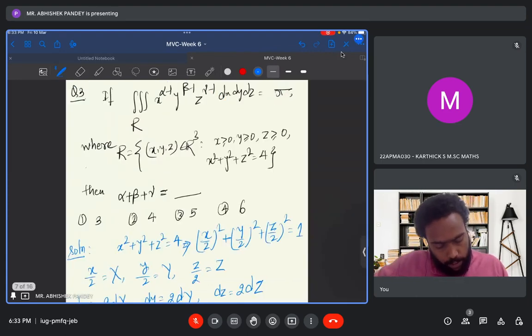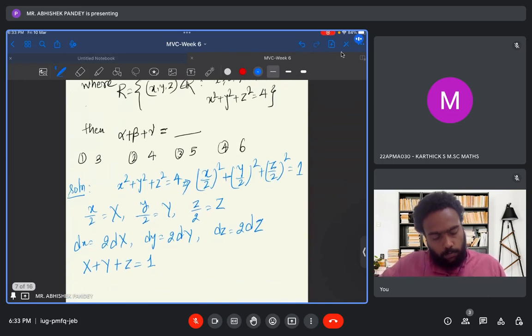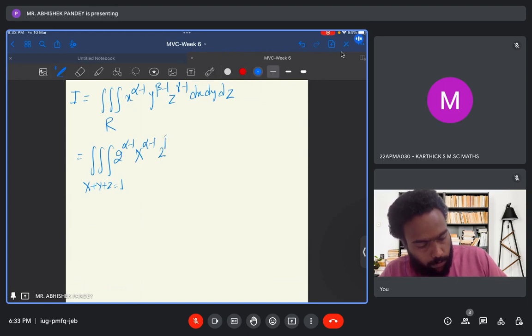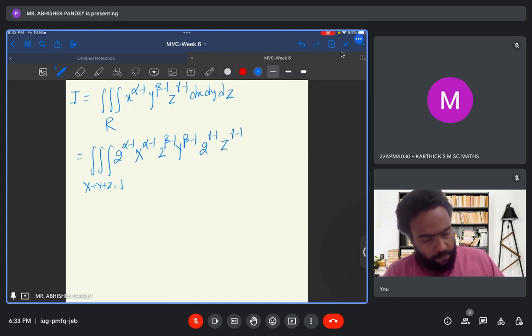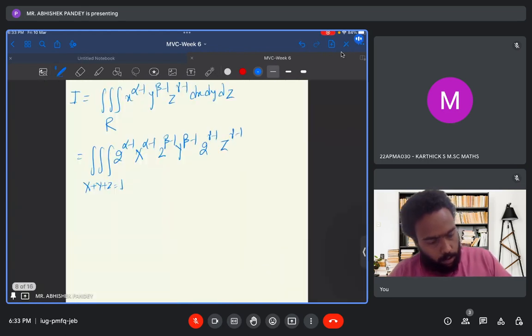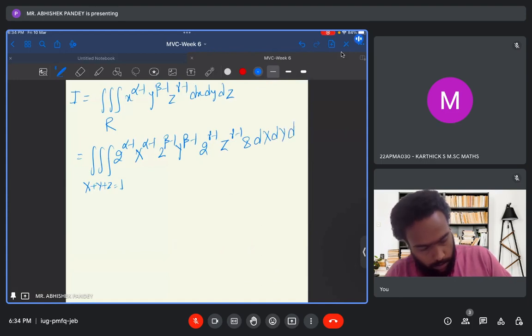Now we have taken x equals 2x, y equals 2y, and z equals 2z. So this will become 2 to the power alpha minus 1, x to the power alpha minus 1, 2 to the power beta minus 1, y to the power beta minus 1, 2 to the power gamma minus 1, z to the power gamma minus 1. And your dx is nothing but 2 dx, so this will be 8 dx dy dz.